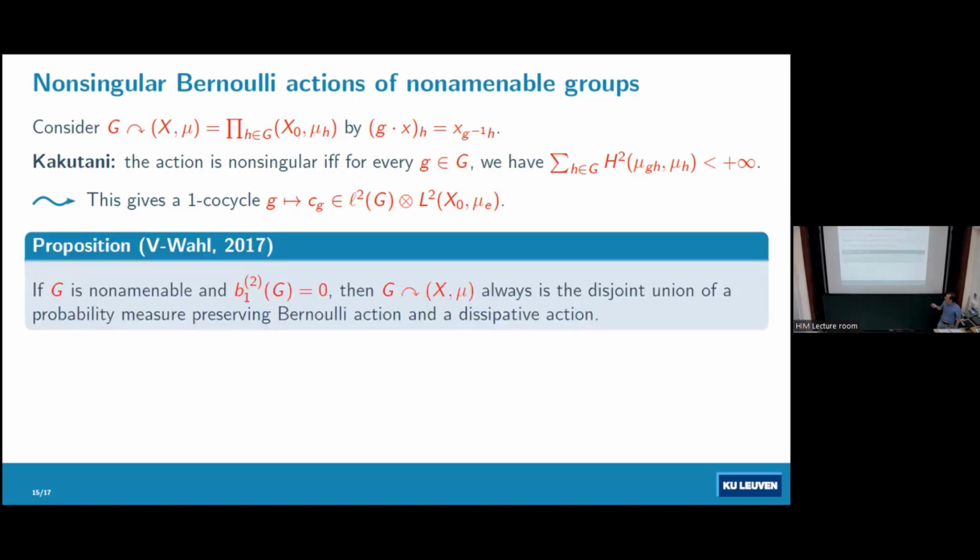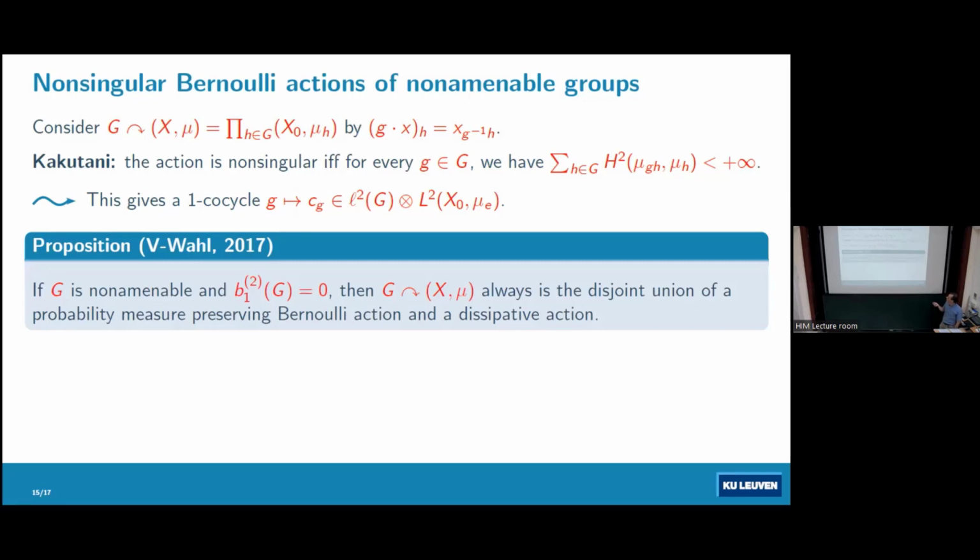Therefore, and this is really not so hard to prove, it was an observation made by Jonas Wahl and myself several years ago. In the non-amenable case, if the first L2 Betti number of G is 0, then all such one cocycles must be coboundaries, almost by definition of what it means to be non-amenable with 0 first L2 Betti number.